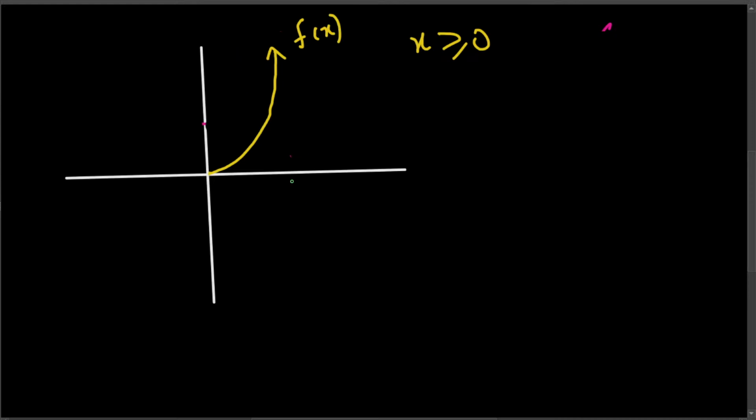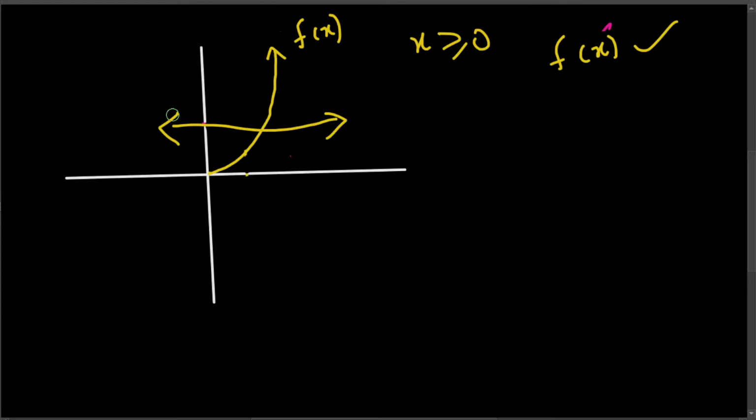Now is this a function? If you draw a vertical line, it only touches one point at any time. So therefore f of x is a function. And if you do the horizontal line test, it passes that one as well, because it only touches one point at a time.